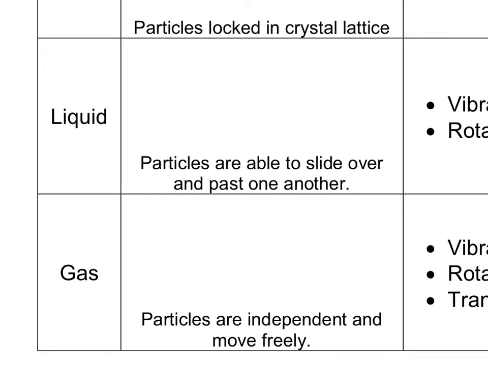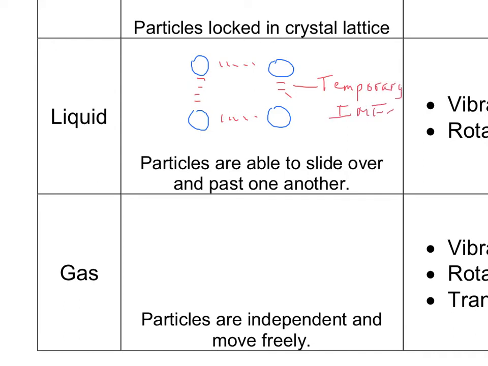In the liquid state, particles have more kinetic energy. This allows them to temporarily break the intermolecular forces between them, and allows the particles the ability to slide over and past one another.